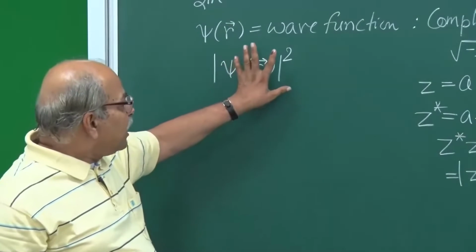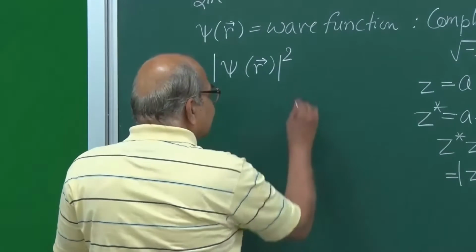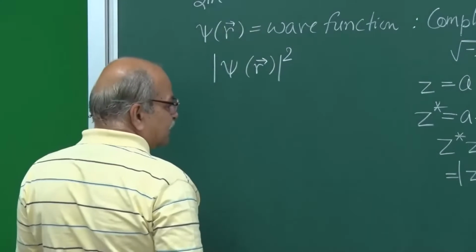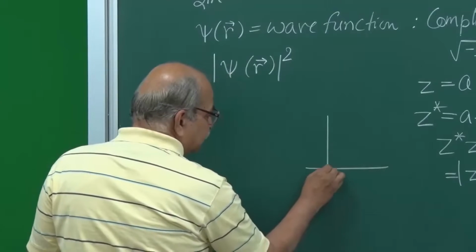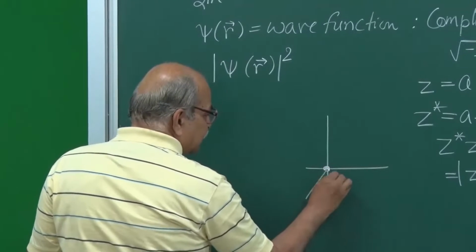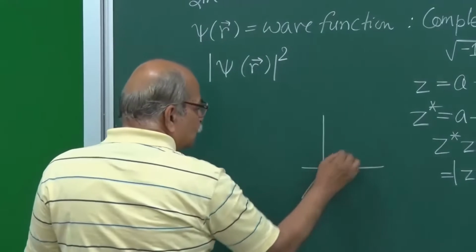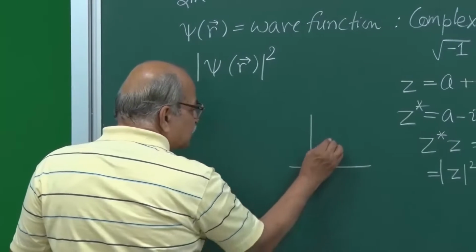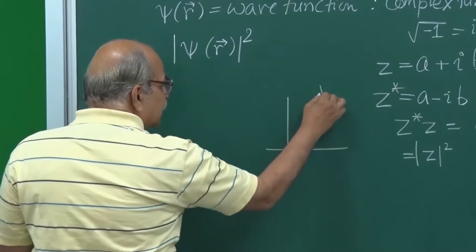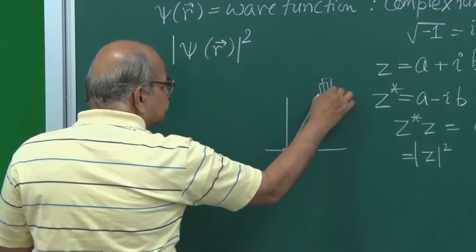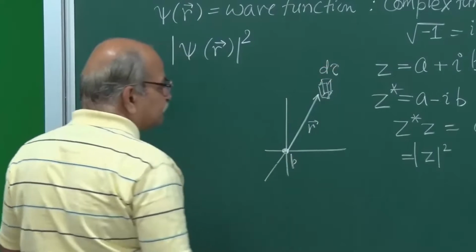Okay, so if you have this quantity, then you can connect it to something which is physical. Suppose here is the proton sitting at the origin, and the electron can be somewhere, and you want to know about this position r, let's say this is position vector r. So here I construct a small volume, and that small volume is, let us say, d tau.